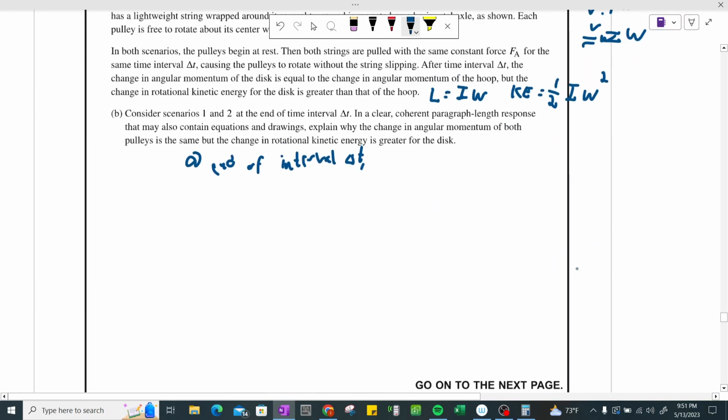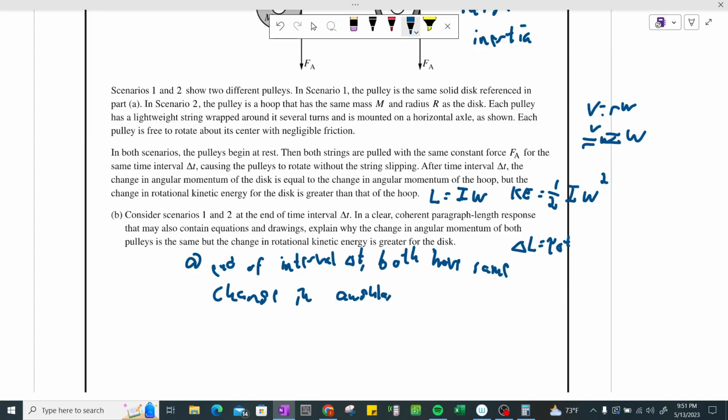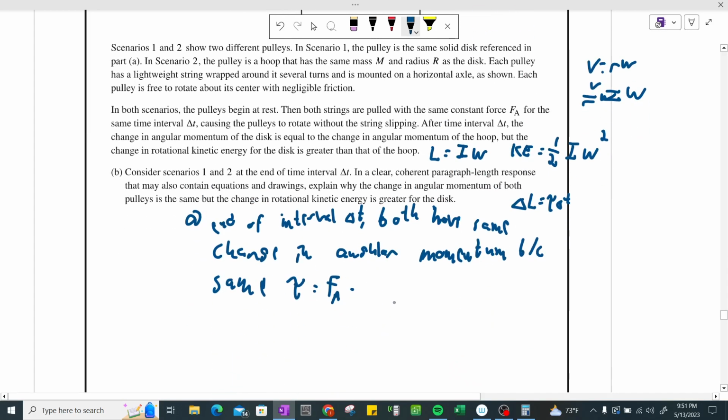Let's come back down. So we've got delta L equals torque delta T. So we could say that both have the same change in angular momentum because the torque is the same, we'll say torque equals F of A times my radius r, applied over the same delta t.